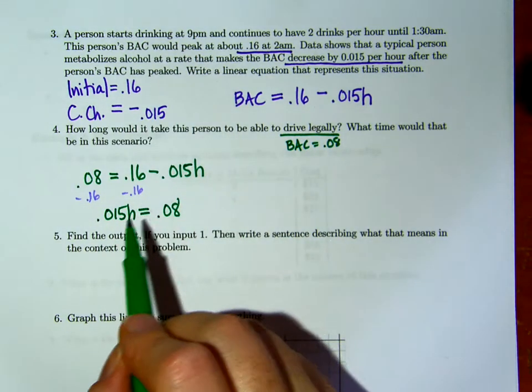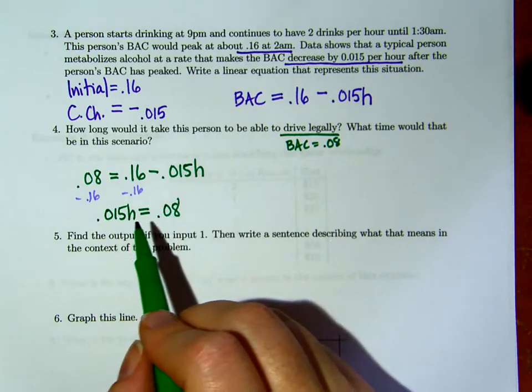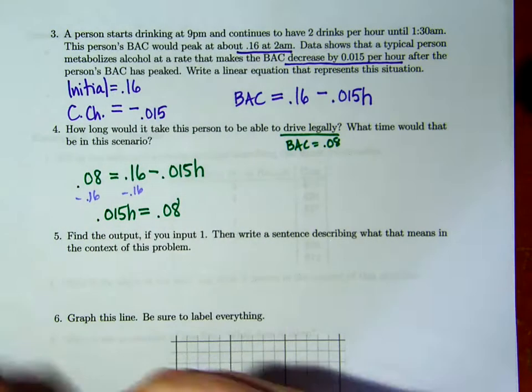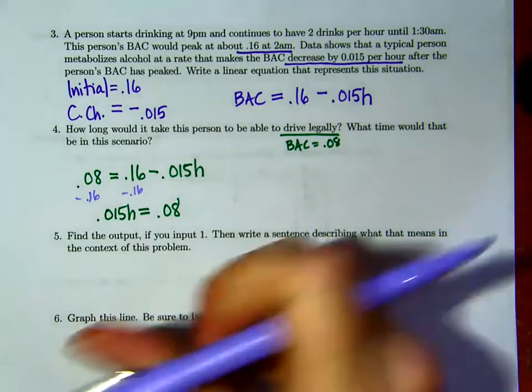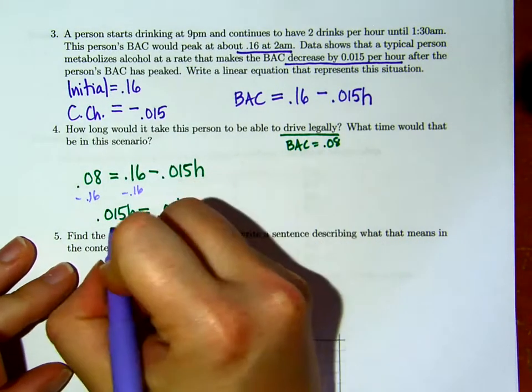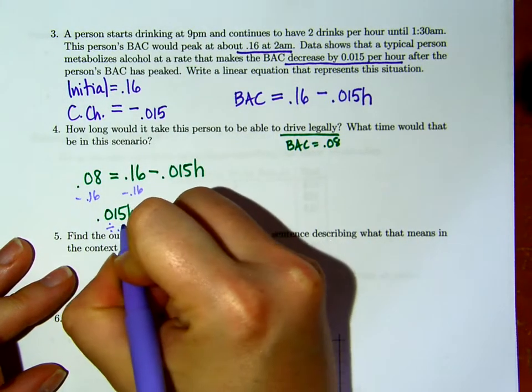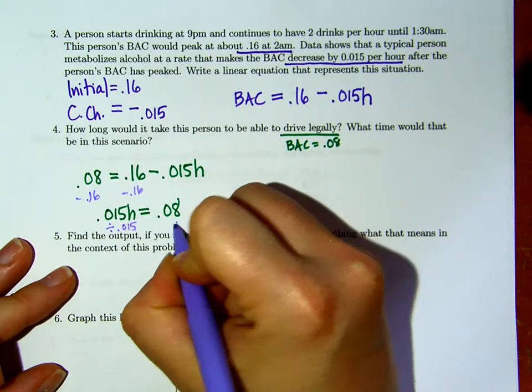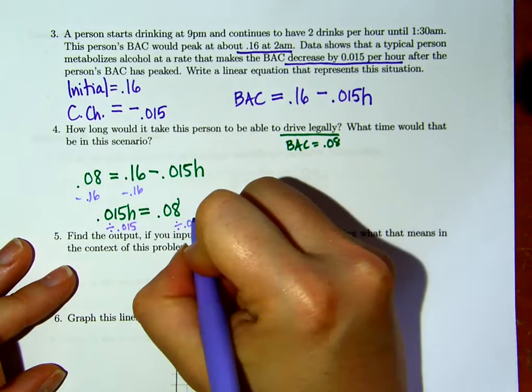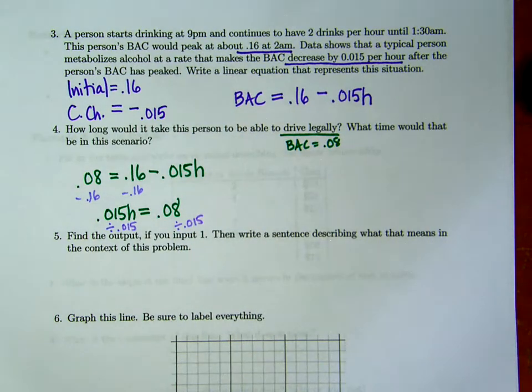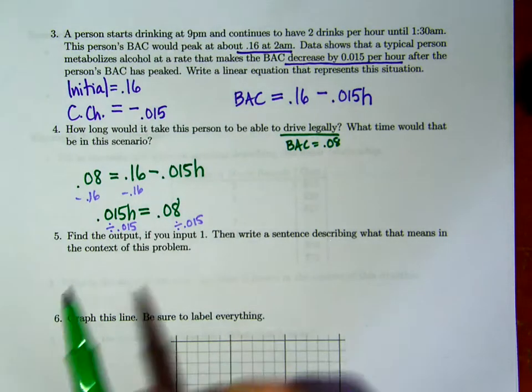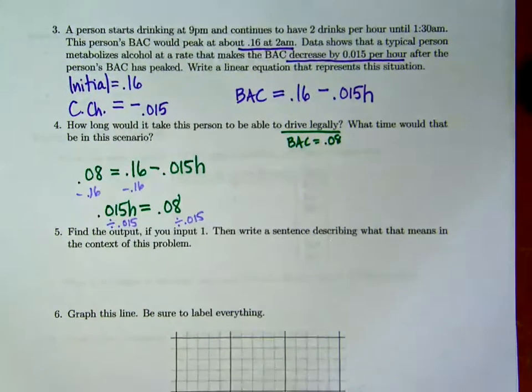And either you can start putting in hours and seeing what multiplies to get this, or you can undo this operation and divide or scale down both sides by 0.015. That's what I'm going to do, of course. Call me lazy. What is that called? Thinking smarter rather than harder.